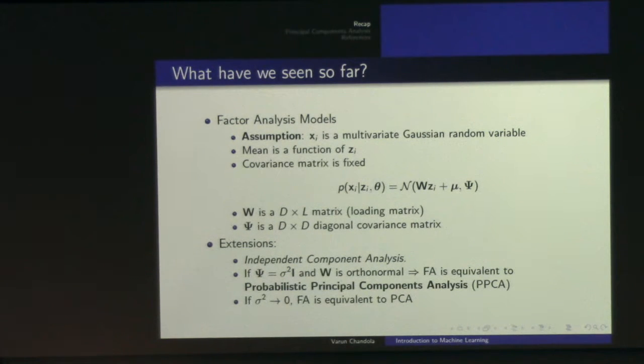And then we looked at an example last time, and we saw that those individual components in zi, which we call factors, you can interpret them, right? That is why factor analysis models have been very popular in statistics, especially in psychometrics, where they try to understand the behavior of people by observing certain things.